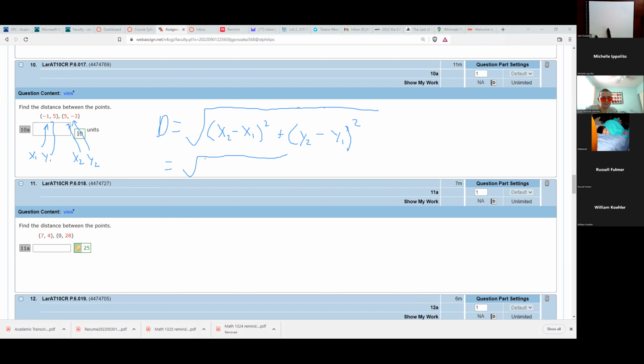So just plug it in. That's it. So x2 is the second one, so 5. 5 minus a -1, that means +1, right? Minus, minus. y2 is a -3.